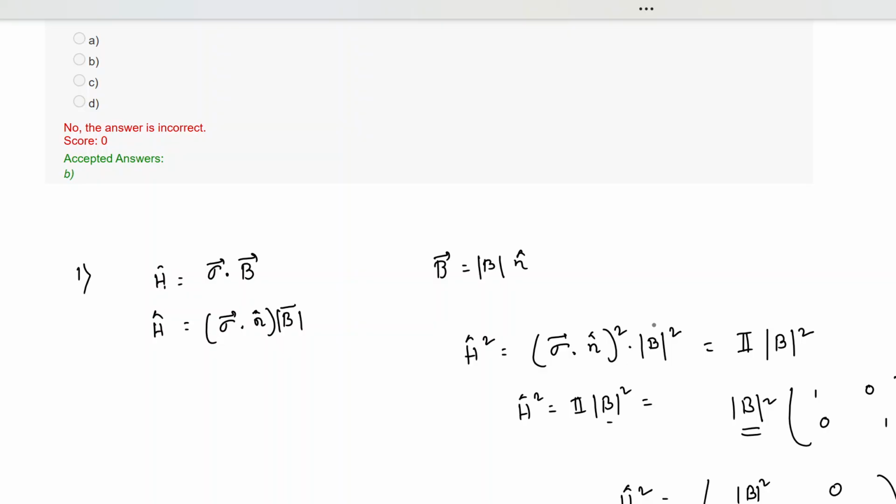Sorry, the actual meaning should be that if a matrix is written diagonally, then the diagonal elements should be its eigenvalues.